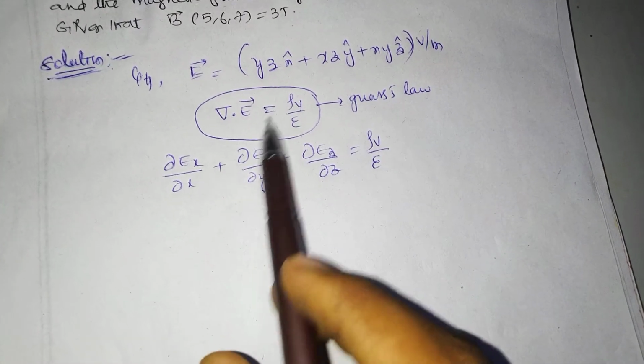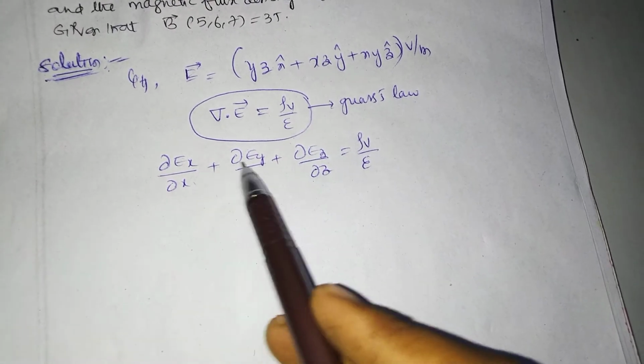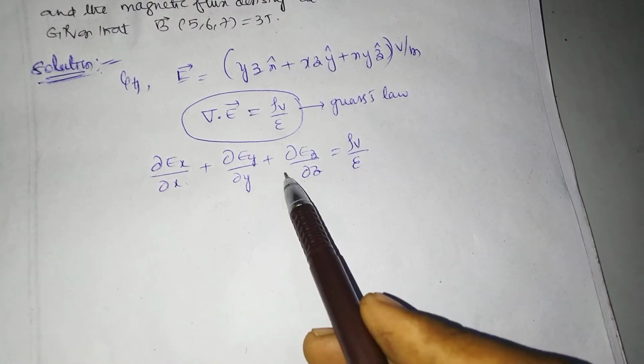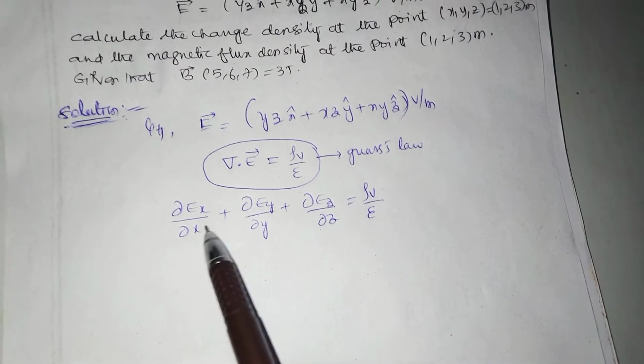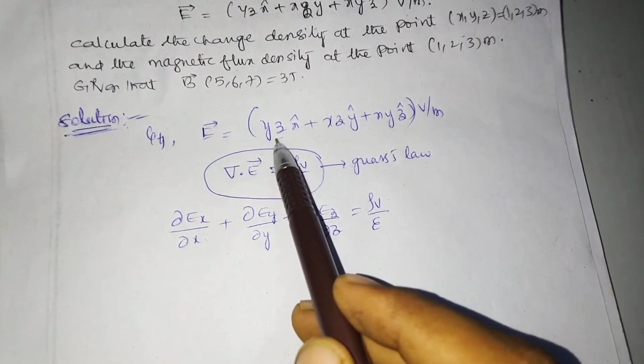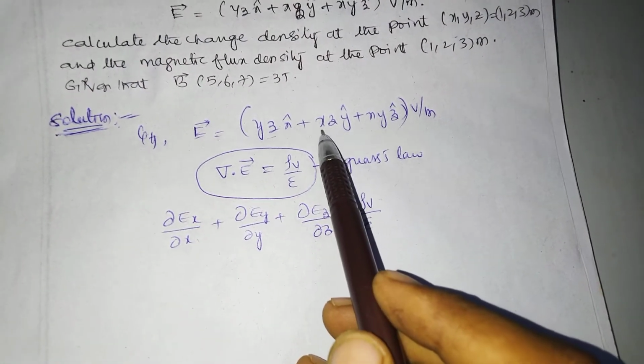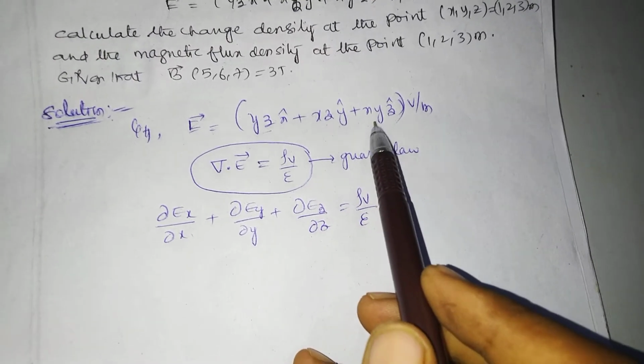So the divergence of this given electric field Ex, Ey, Ez in the respective directions: Ex is given in the question as yz in the x direction, Ey as xz in the y direction, and Ez as xy in the z direction.